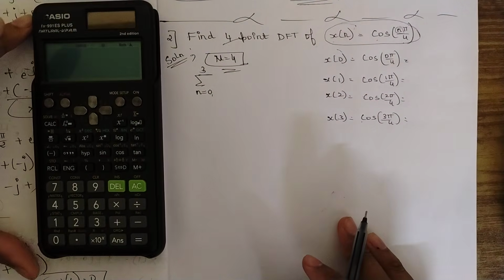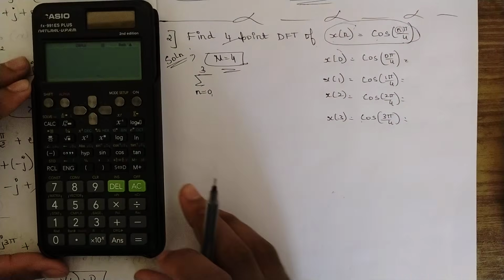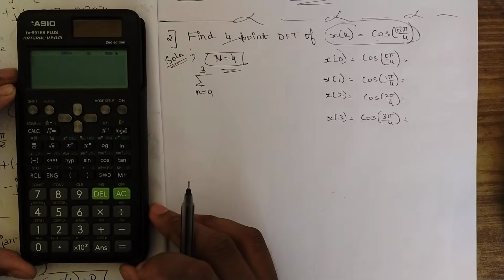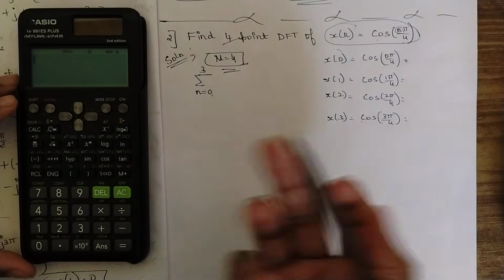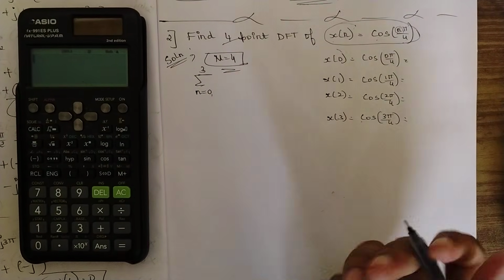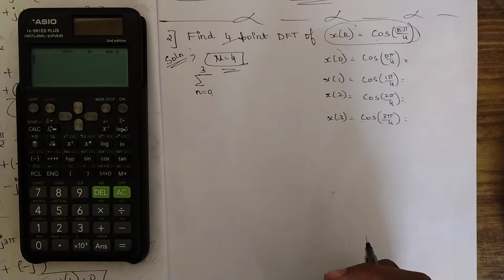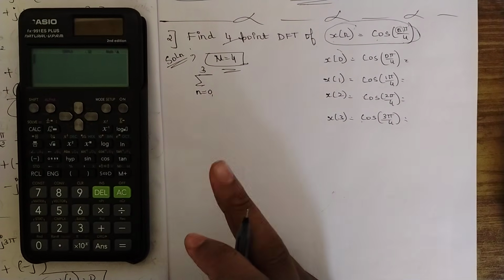Here we should use the calci, the calculator, which would be helping us now. They have given the equation cos of n pi by 4, but we don't have any letter n to put in the calci. So instead of n we can directly write a, as in the previous method which I told you, for cos a minus j sin a.